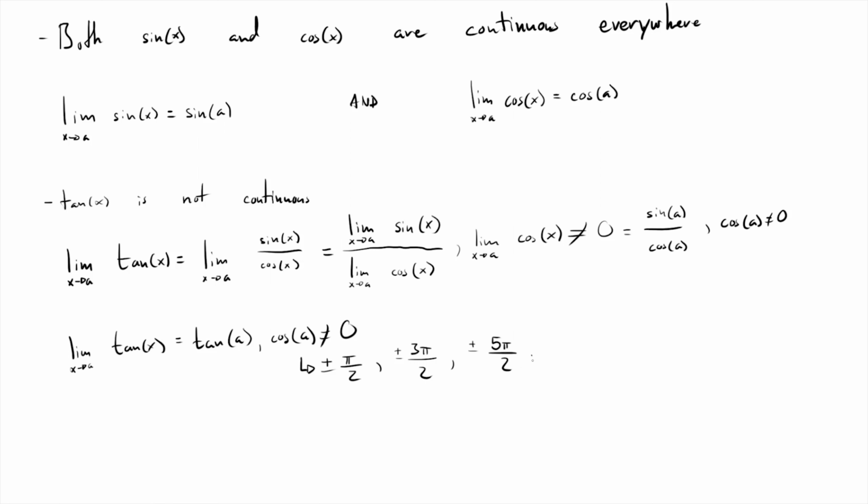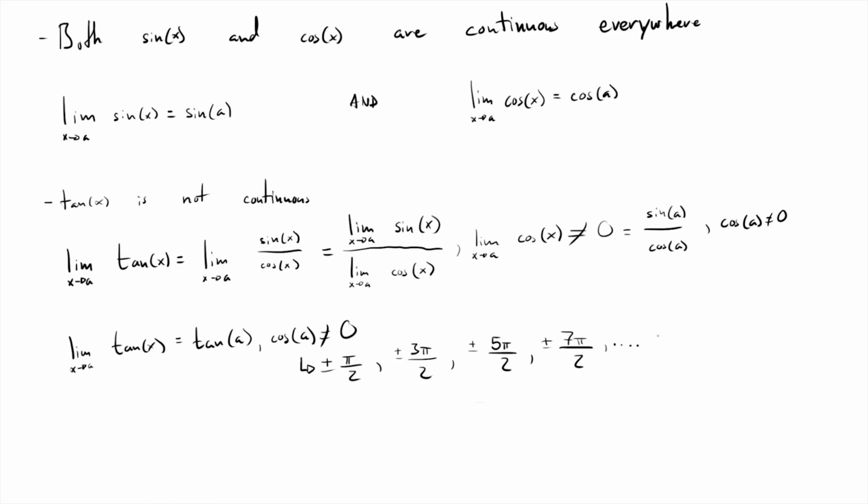And you may begin to start seeing some sort of a pattern here of what numbers are showing up in front of the pi. And really what ends up happening is it's every odd number, and it's either positive or negative. Okay, and so we can generalize this and say that, well, when does cosine of a equal 0?